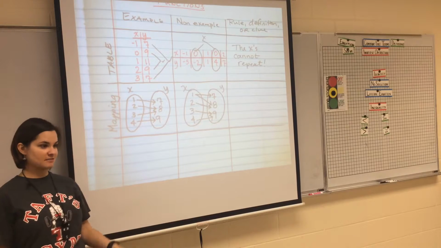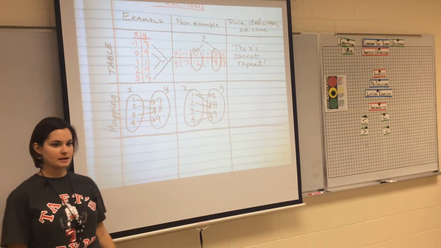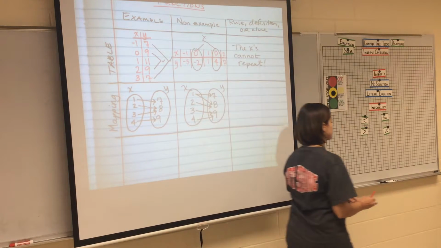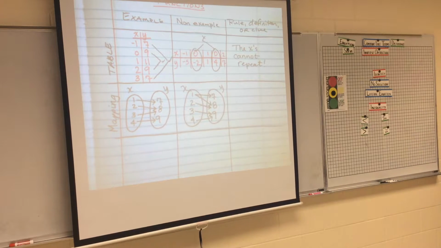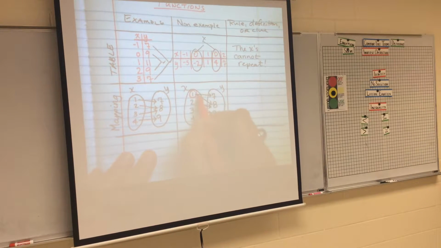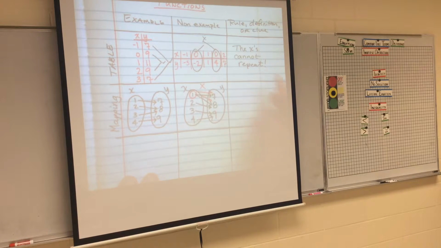The y values can have more than one x value. Is that okay? All right. So here, this 1 is going to 7 and to 8. So again, the x's cannot repeat.